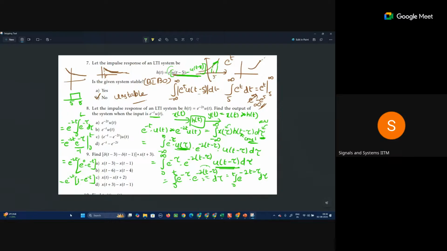One mistake I have made here: it has to be plus, 2 tau minus tau.